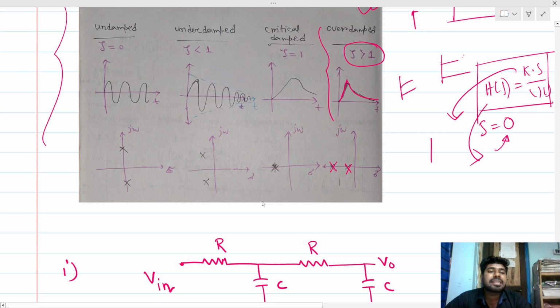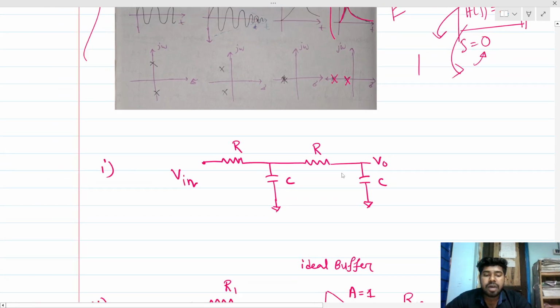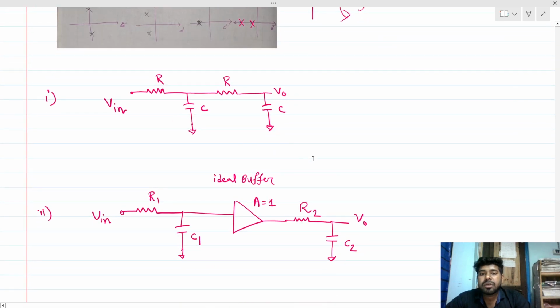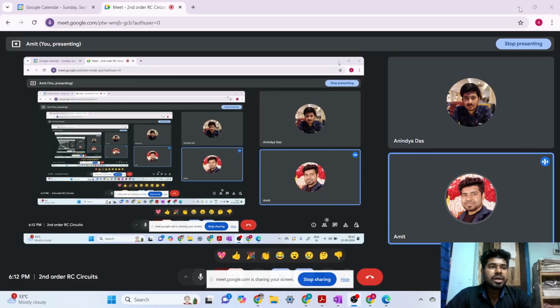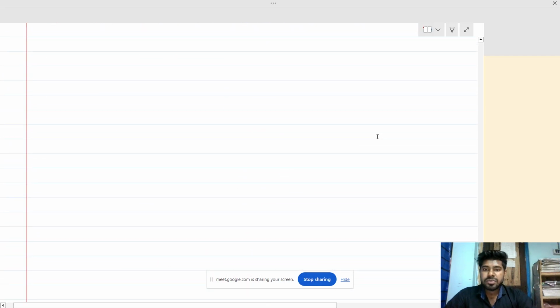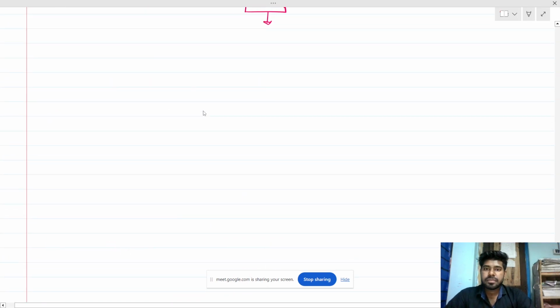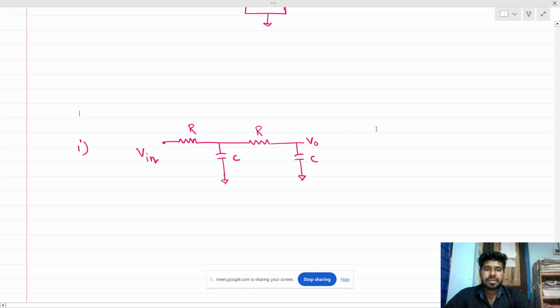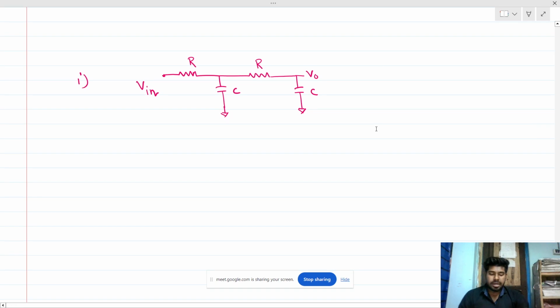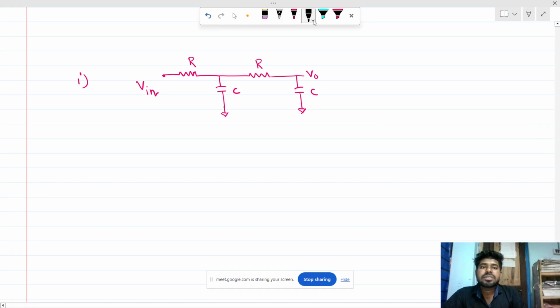Now we will see some examples and we will understand. The first thing is how to check the order of the circuit. So let's see an example of a second order circuit. Let me copy the circuit. First of all, we have to find which order this circuit is.